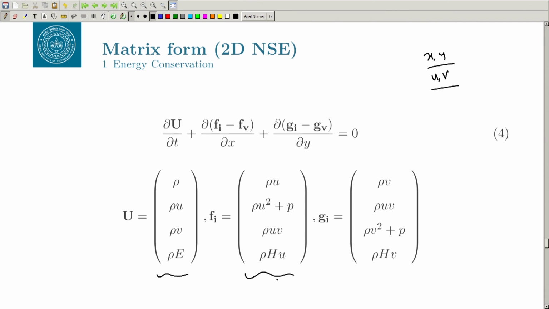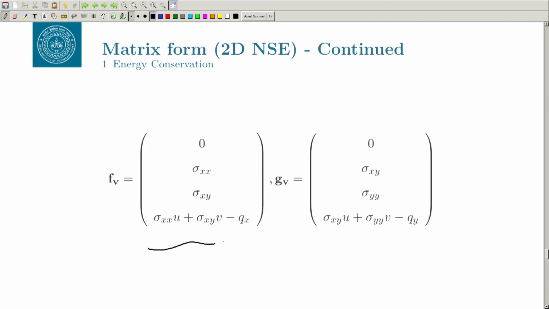It is just the expansion of the 2D equations from the tensor form to the matrix form. And your G will become the inviscid flux in the y direction. So, this is del by del y term, this is del by del x term, and this is del by del t term. Similarly, you can have the viscous fluxes also, which can be written like this.